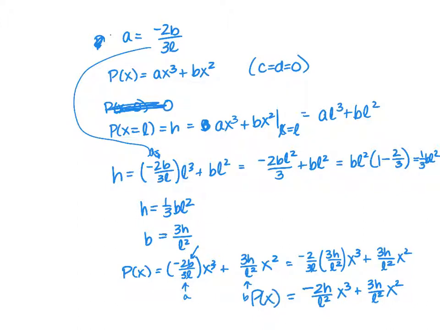So all I did in this first part, this is just kind of like really getting started, to be honest, is I used the conditions that they told us at the beginning of the problem to figure out what all my constants were so that I could write the curve, which is a cubic, in terms of all the things that I was given. I had to only write it in terms of h and L, and if I needed to, v.